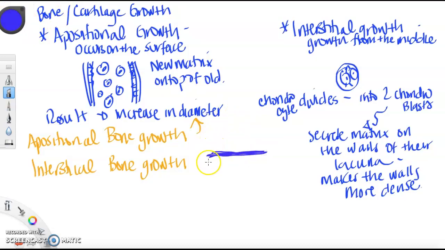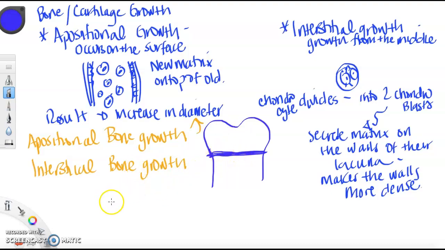If this is the plate, and here's the top of the bone, this is where it starts. Remember, cartilage is the only place that this is going to grow. It's not going to grow where the bone is. The bone's done, it's ossified. So it's only going to grow here at the plate.